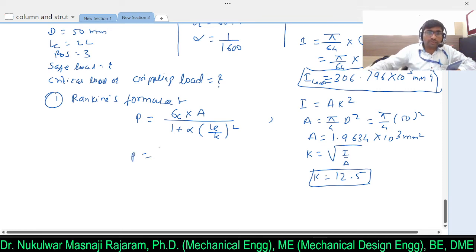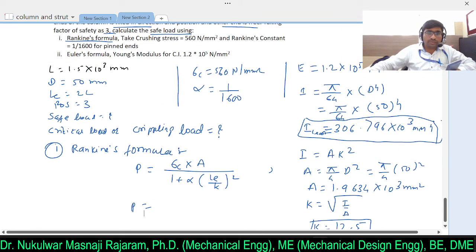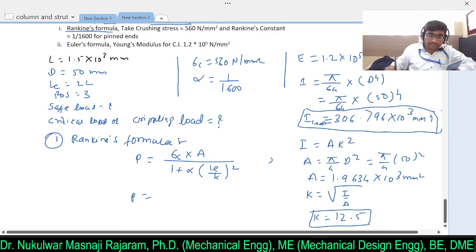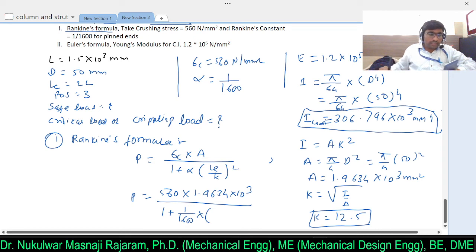So the sigma C value, crushing stress, is given as 560. So 560 into area, which is given, 1.9634 into 10 raised to 3, divided by 1 plus alpha value, which is also given, 1 divided by 1600 into LE.